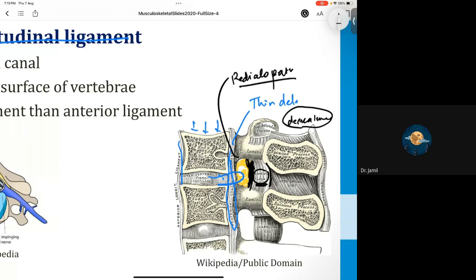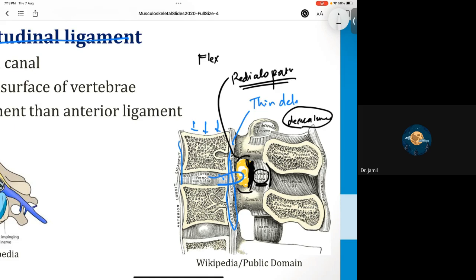And how are we going to assess the radiculopathy? That's really simple. When an individual is flexing forward, the lumen size normally increases. And as an individual extends backward, the lumen size normally decreases, right?